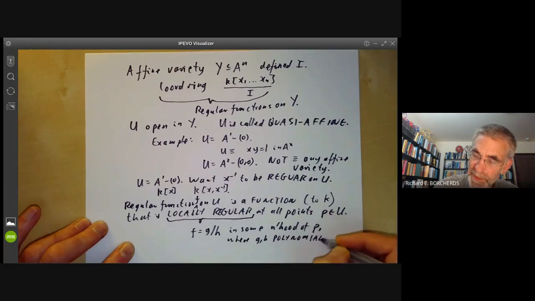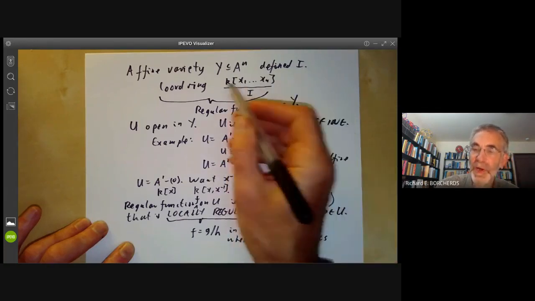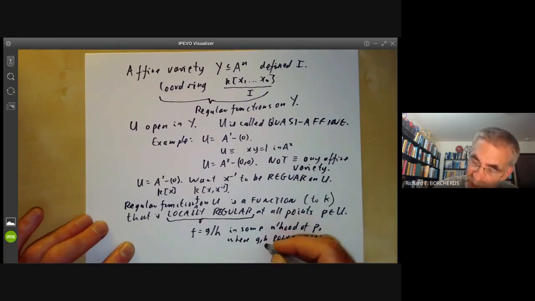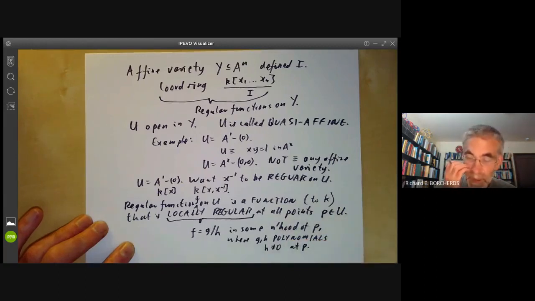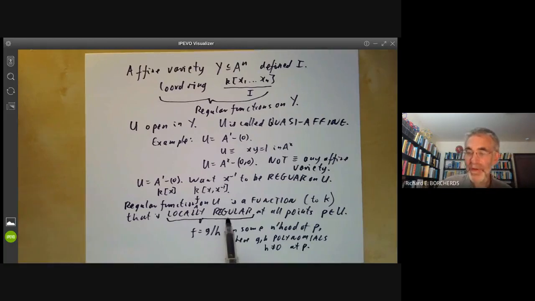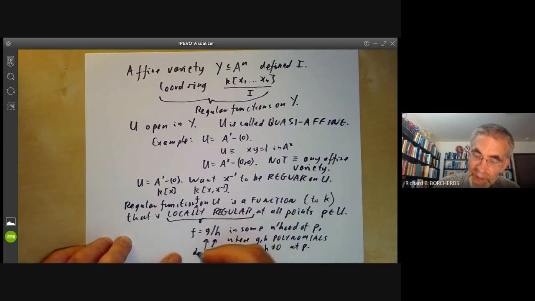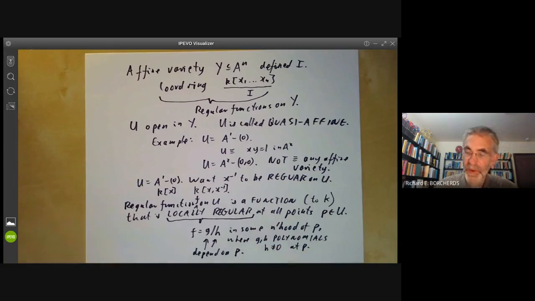In other words, they're just elements of this polynomial ring restricted to U, and h is not 0 at the point P. So a regular function sort of looks locally like a rational function, except the denominator must be non-zero. G and h, by the way, may depend on the point P.